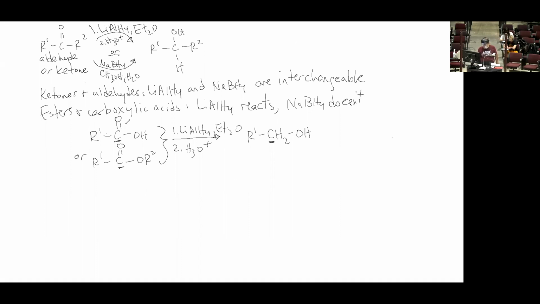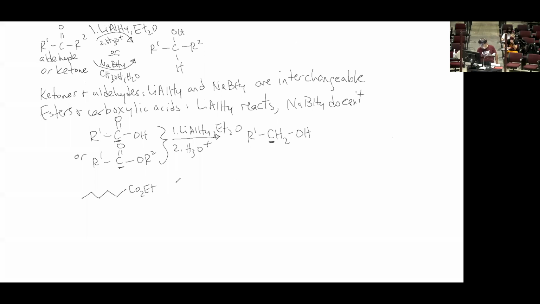So sodium borohydride does not touch carboxylic acids or esters. It will only react with aldehydes and ketones. And what that means is that you can take advantage of that reactivity. But before we go there, let's do at least some examples of this type of reaction.